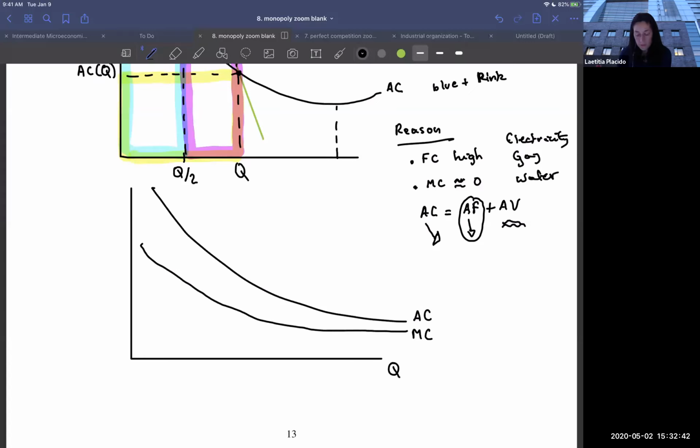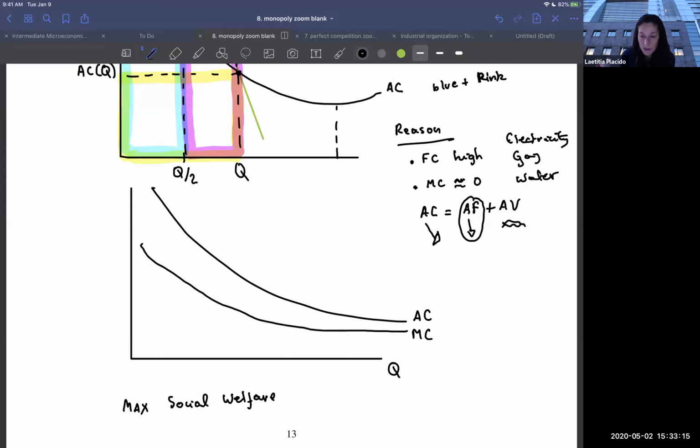So the government is going to intervene and say, well, with this kind of good, what we want is to maximize the social welfare. It's not to maximize the profit of Con Edison. We want to maximize the total surplus. So here, when you have a natural monopolist, the objective is to maximize social welfare.